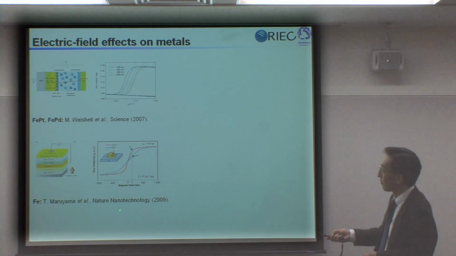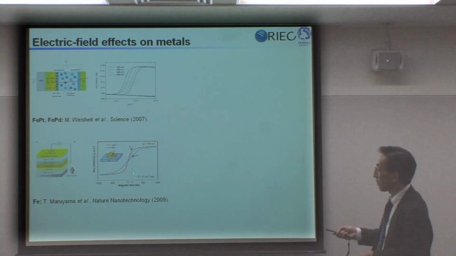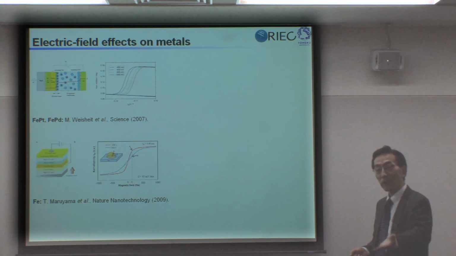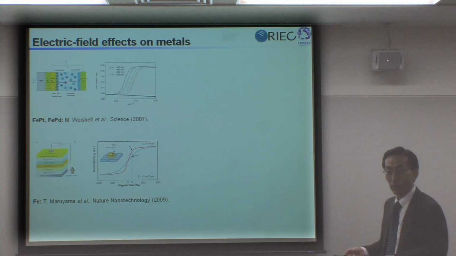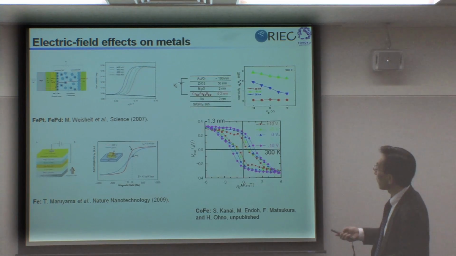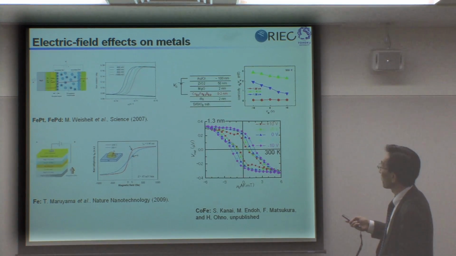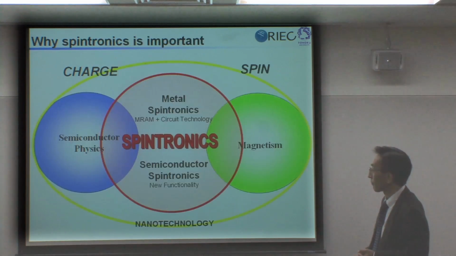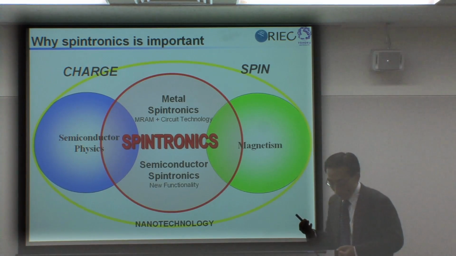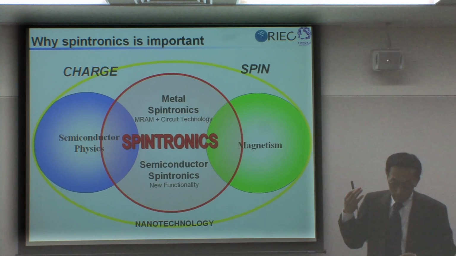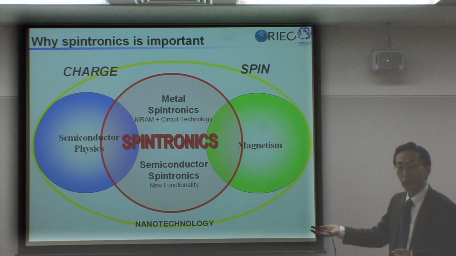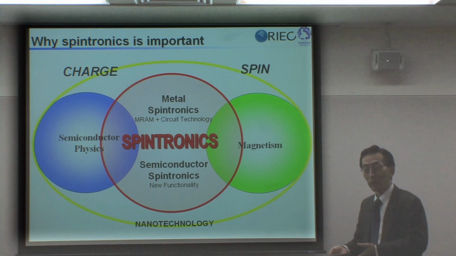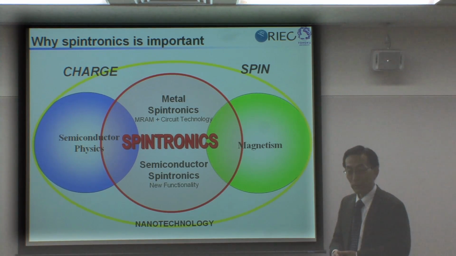Recently, Osaka University group, led by Professor Suzuki, has shown that you can change the magnetic anisotropy by applying electric field. We have also done a similar experiment, which is not published, but we have seen electric field modulation. So, we are hoping that this new approach will give us yet another energy efficient way of doing magnetization switching.